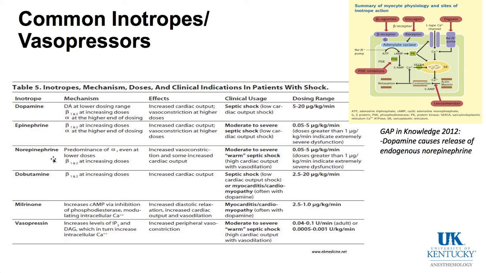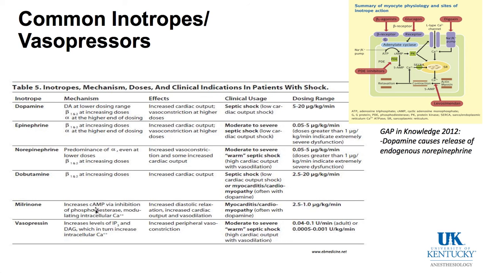If you have someone with septic shock, for example, and you want to vasoconstrict them, norepinephrine is a good choice. Dobutamine has beta-1 and beta-2 effects. It's going to have increased contractility through beta-1 and vasodilation through beta-2. So for a patient with congestive heart failure, dobutamine may be one of your choices.